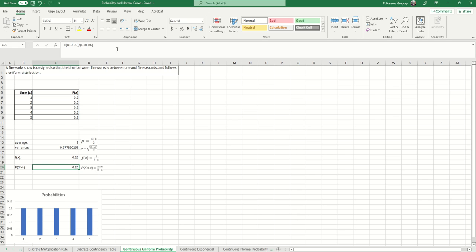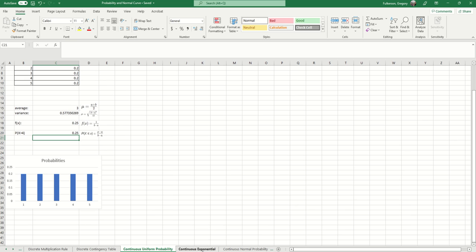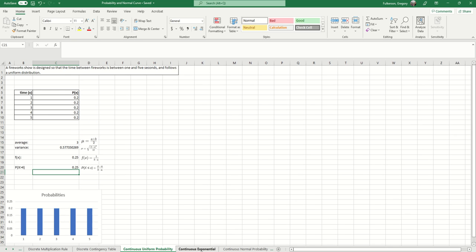So here we're going to do x minus a over b minus a. So here it's b10 minus b9 over b10 minus b6. All right, so that's one example.